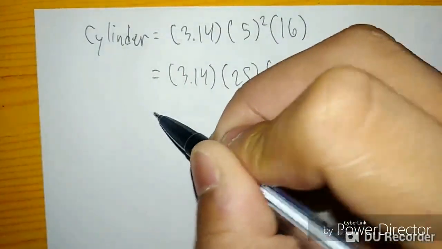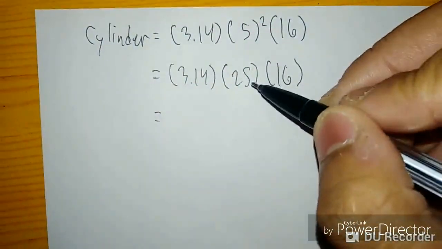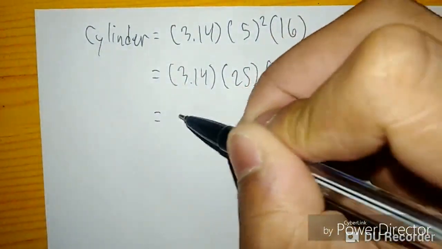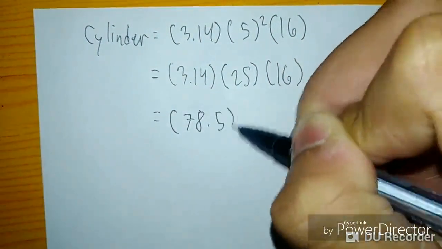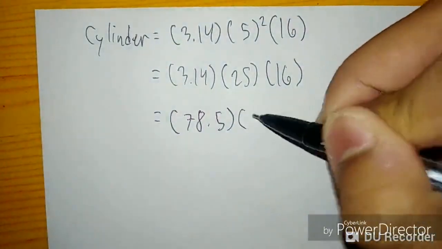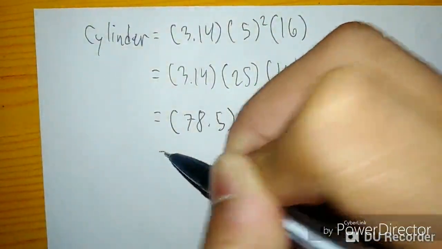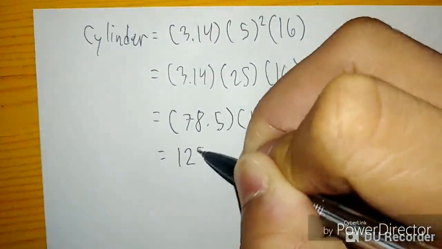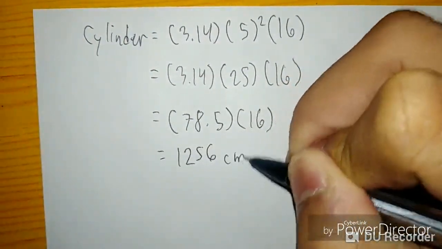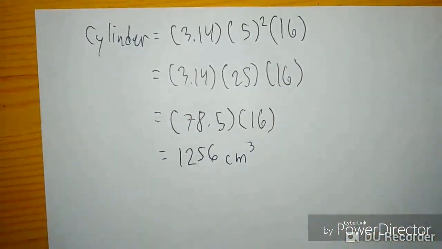So 3.14 multiplied to 25 is 78.5, multiplied to the height 16, which gives us the result of 1256 cubic centimeters, and that's the volume of the cylinder given in my drawing.